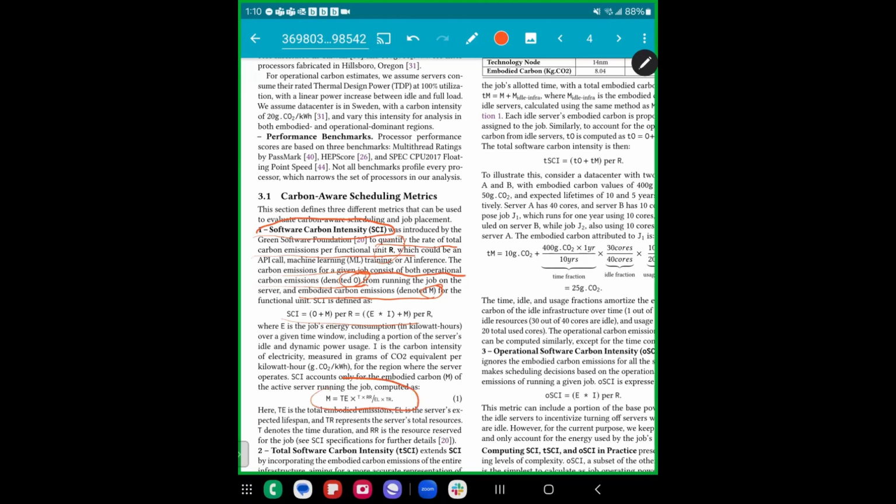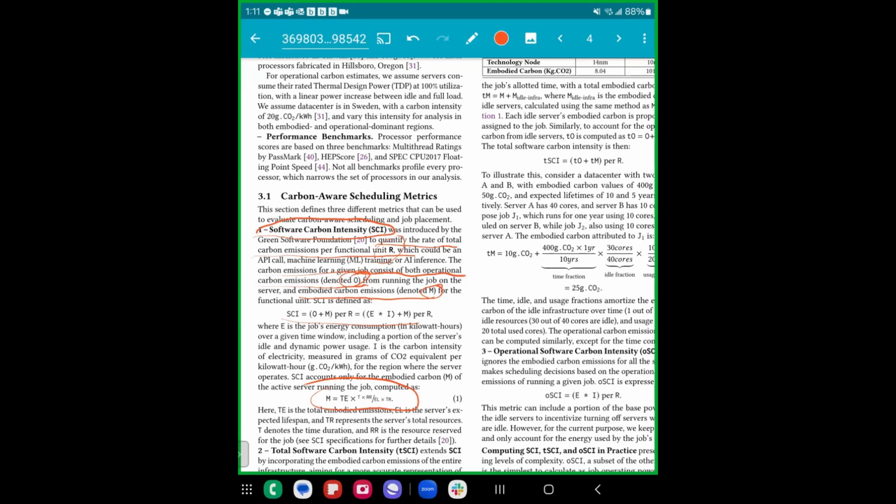And this embodied part in the traditional SCI metric is a fraction of the device's usage over the anticipated lifespan. So if you project that, for example, a server is going to be operational for 5 years, and the type of task you're running, maybe a machine learning training, you're going to run for, I don't know, a month on this device.